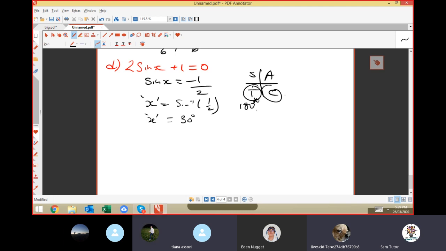180 plus 30 degrees, which equals 210. And this one here, what's this meant to be? 360 minus theta. Beautiful. And then, of course, the answers we need is x equals 180 plus 30, which is 210, and 360 minus 30, which equals 330.